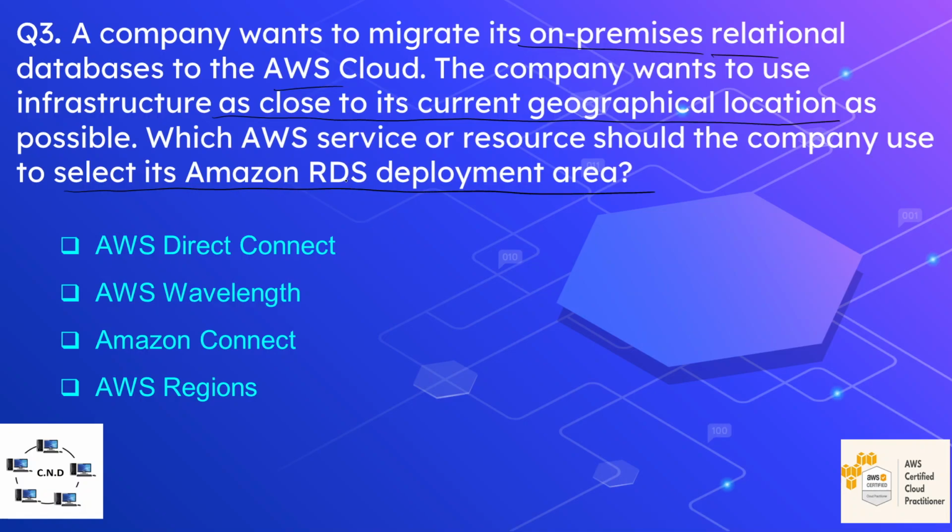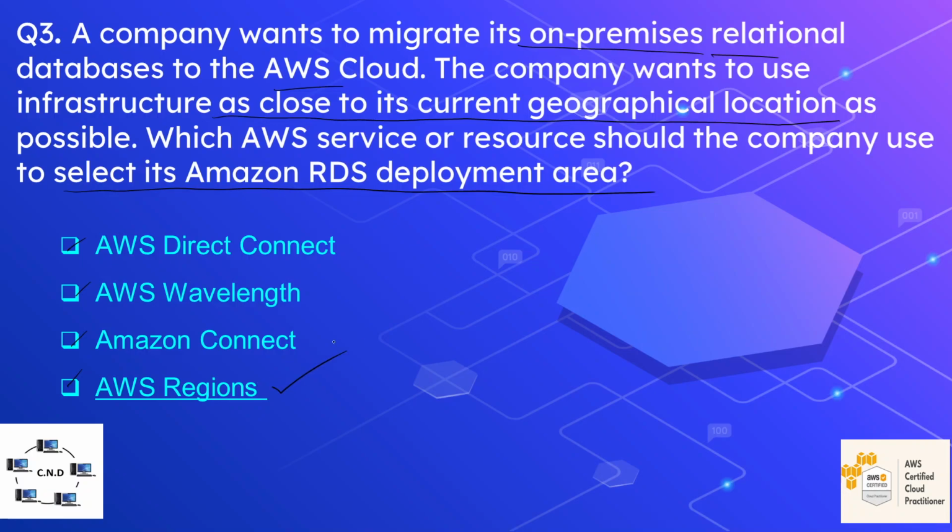RDS is Relational Database Service. The options are option A, AWS Direct Connect, option B, AWS Wavelength, option C, Amazon Connect, and option D, AWS Region. And the correct option is AWS Region.